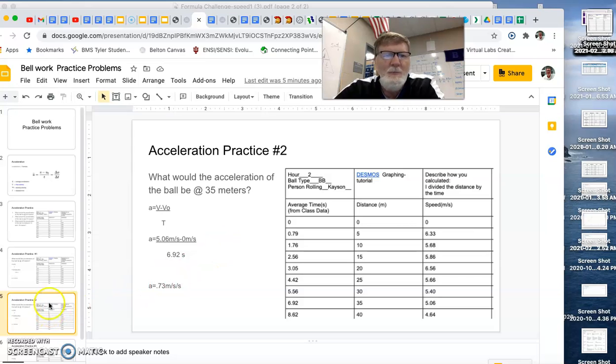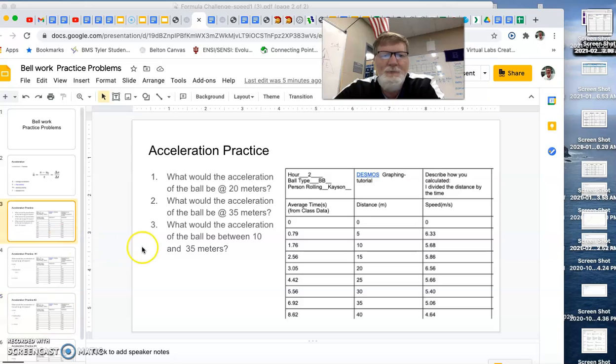It gets a little more complex if we look at this third example. What would the acceleration of the ball be between the 10 and 35 meter mark? At 10, our initial velocity would be 5.68 meters per second, and our final would be 5.06. The time it took would be 6.92 seconds minus the 1.76 seconds to get our time that had elapsed.